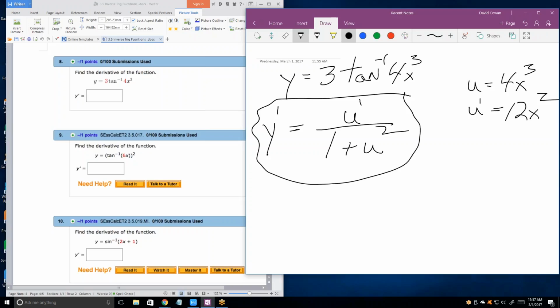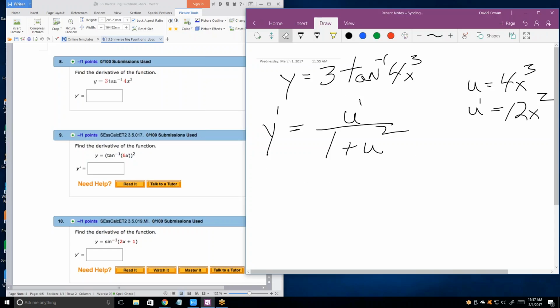It doesn't give me 1 over. It just assumes that you're going to have to use a composite. If u is just x, then u prime is 1. In other words, the derivative of x is 1. So you can always remember it's this, and then if u happens to just be x, u prime is 1.